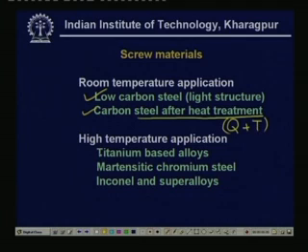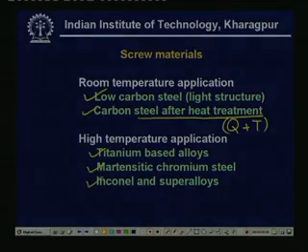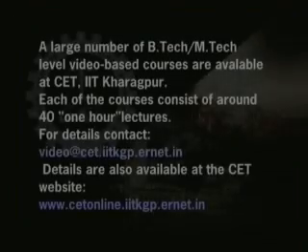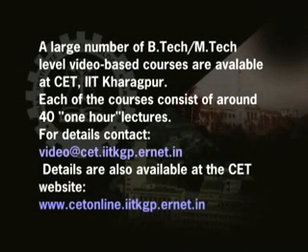Titanium based alloys are used for high temperature. Then as the temperature goes higher, we use martensitic chromium steel, where chromium is added. Then for a very high temperature, inconel and super alloys are to be used. So this information is very much essential.